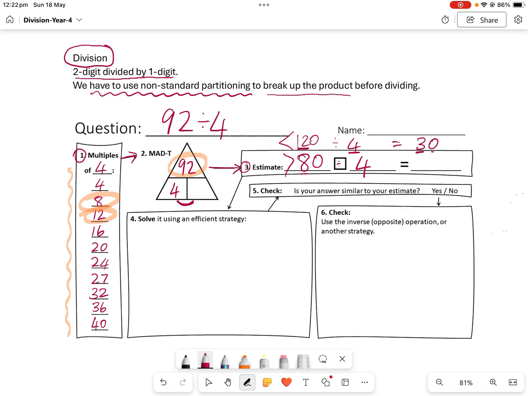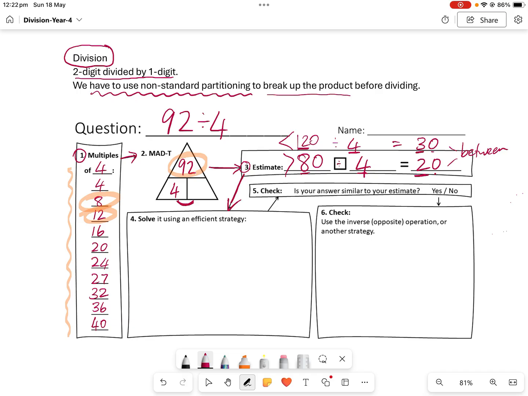And if I did 80 divided by 4, 4 2s are 8, so 20. So my estimate is it's going to be between 20 and 30. That's where I think my answer is going to be.